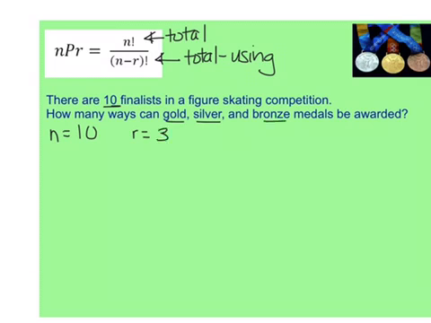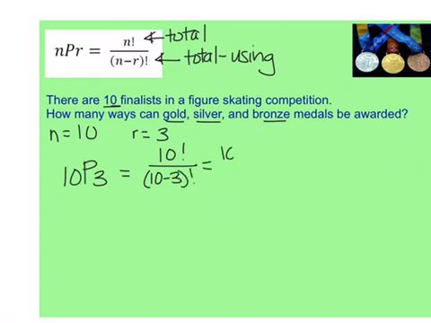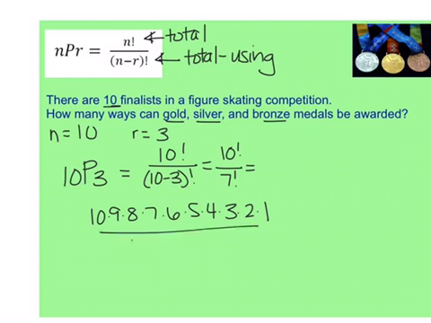So I'm going to have 10P3, and I'm going to use my formula: 10 factorial divided by 10 minus 3 factorial. So I'm going to get 10 factorial over 10 minus 3, which is 7 factorial. I'm going to write this out now. I'm going to have 10 times 9 times 8 times 7, 6, 5, 4, 3, 2, 1, divided by 7, 6, 5, 4, 3, 2, 1.